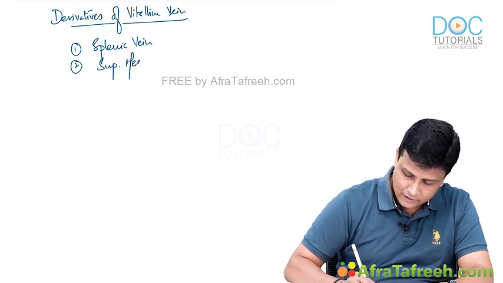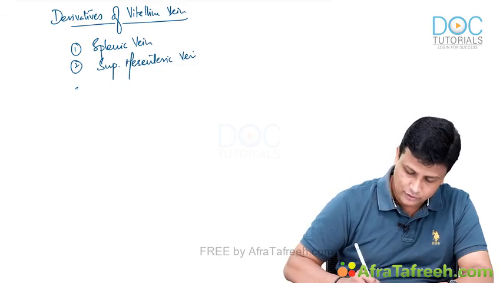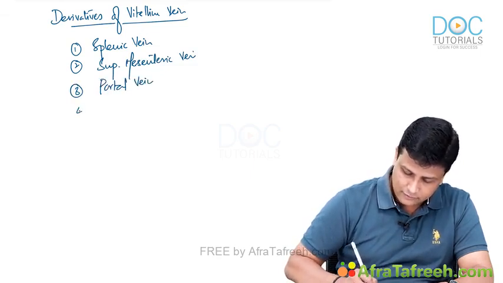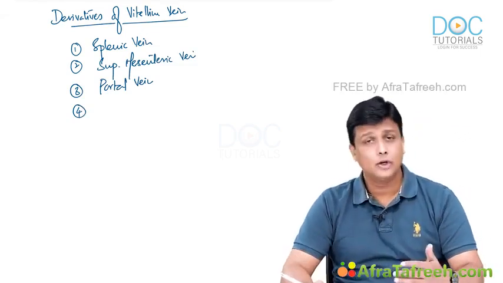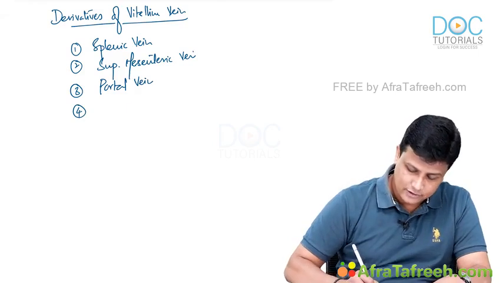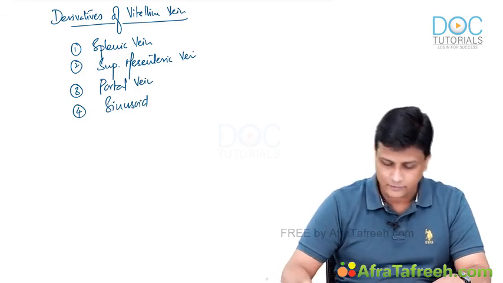These two combine together to form your portal vein. The portal vein supplies blood to the liver, and in the liver it drains the blood into the sinusoids. So even the sinusoids of the liver are derived from the Vitelline vein.